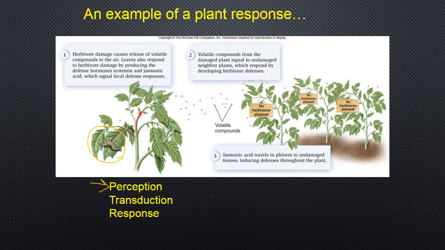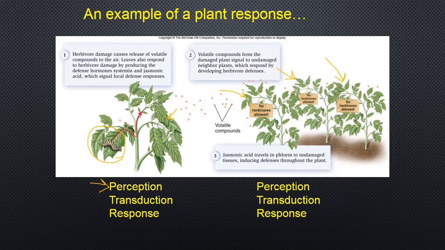And then once those volatile compounds bind to that receptor, there's going to be a bunch of different transduction signals. Hormones are going to be spread to the rest of the plant to let it know that it's been damaged. In this particular example, there's a secondary response also, and that is that these volatile compounds not only affect the original plant, but are spread into the air, and they affect all the neighboring plants of the same species in particular. So that volatile compound binding to a receptor is the perception.